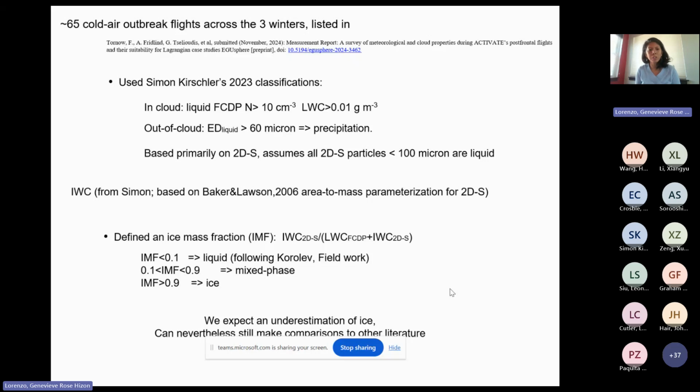And if it's between 0.1 and 0.9, it's mixed phase. We note that for this case, we only used the liquid water content from the FCDP, where in reality there's also liquid water content for the 2DS, but we haven't stitched that together yet.